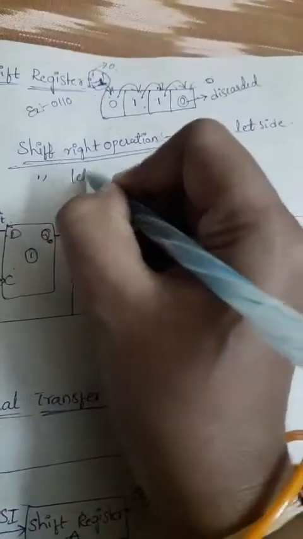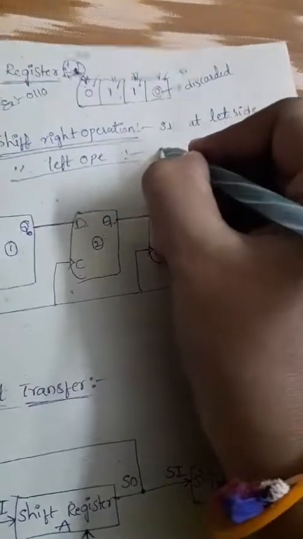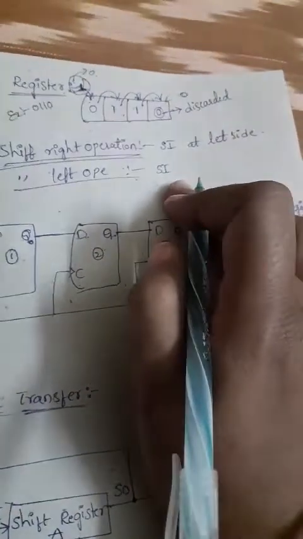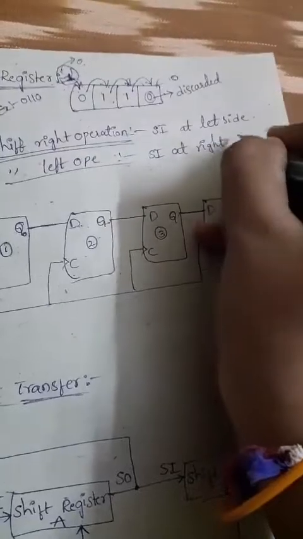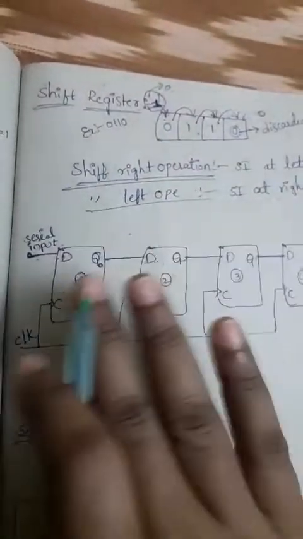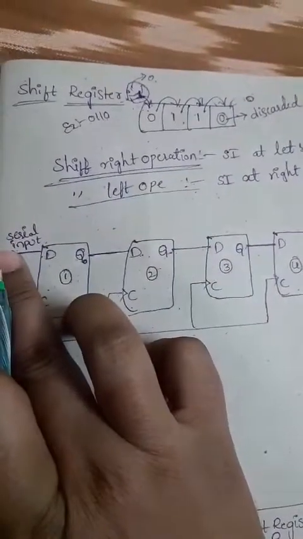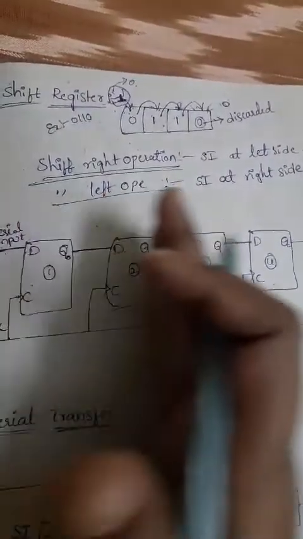Or otherwise, if you want to do the shift left operation, then we have to give the serial input at the right side. Remember these points. For example, if I am doing the shift right operation, I can give the serial input at the left side, so the data will be moved from left to right.